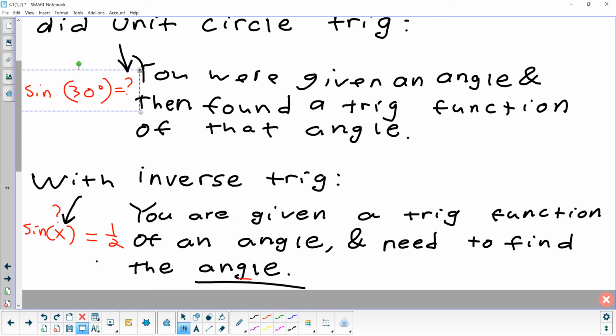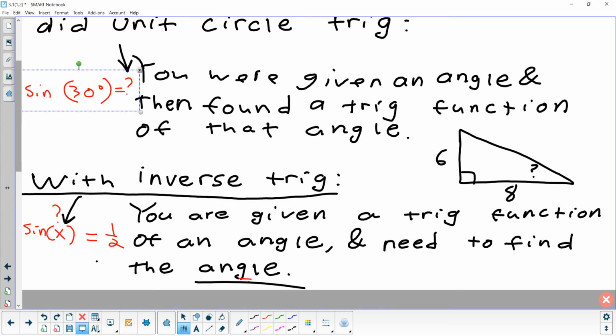And since we're solving for an angle, eventually what we're going to end up using it for, this won't be till probably tomorrow or Wednesday, but if I give you a triangle like this, and I tell you a couple of the sides, like 6, 8, and I ask you, how big is that angle right there? Well, anytime you have to solve for an angle, the only way to do it is with inverse trig.